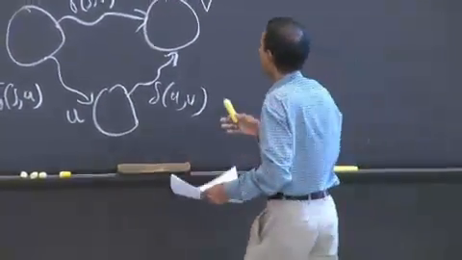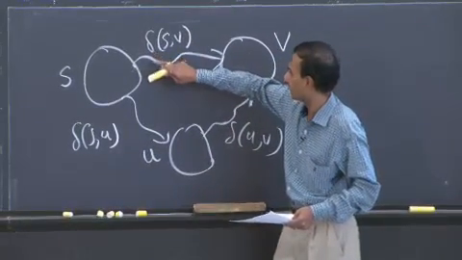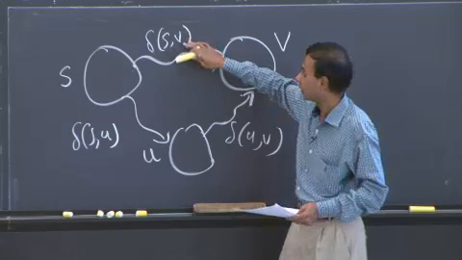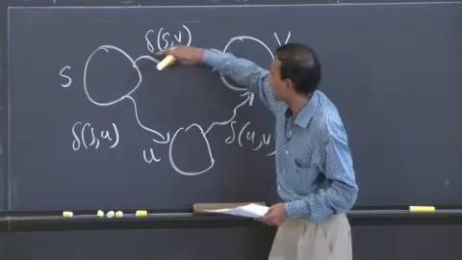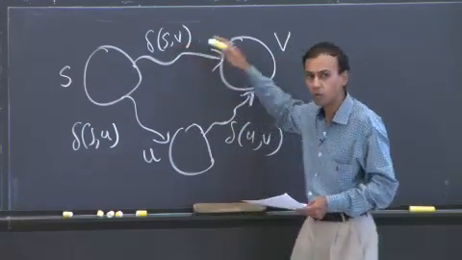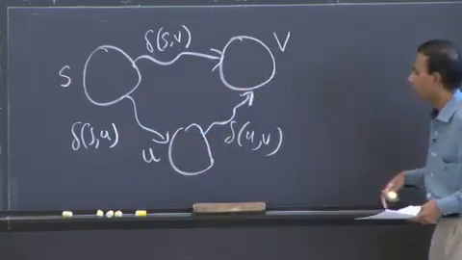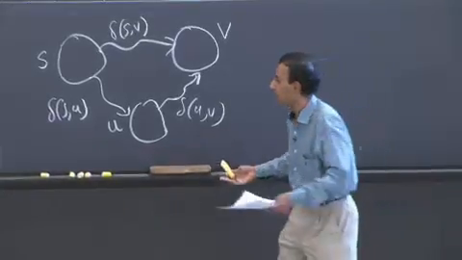Because this is the shortest way of getting from S to V, and it has no constraints over the number of edges that it incorporates. And so by definition, the shortest way of getting from S to V is either some direct way, maybe there's a single edge, or it may go through this vertex U. All right? So that's the triangle inequality.